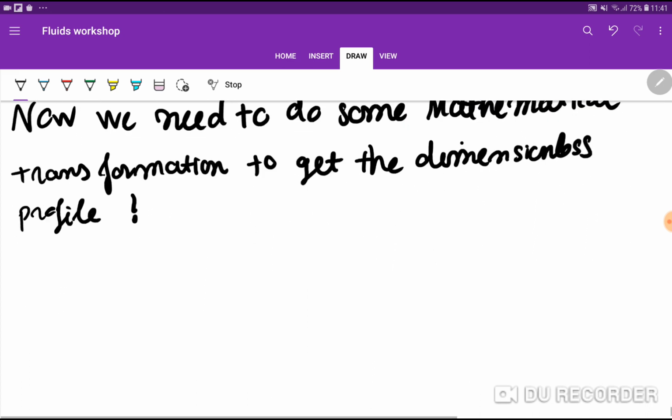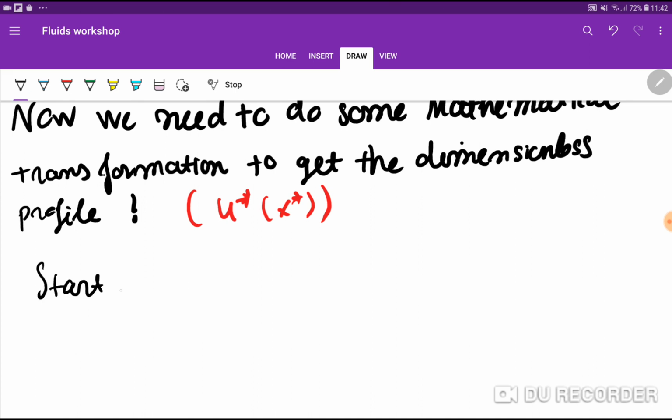Okay, so how do we do that? What do we want? We want u star as a function of x star, because u star is the dimensionless velocity and x star is the dimensionless length. We want them. Okay, so where do we start?